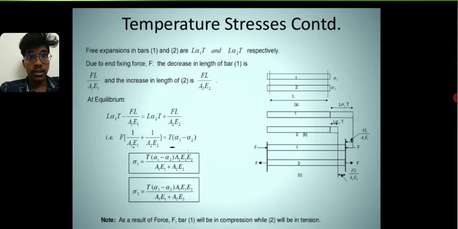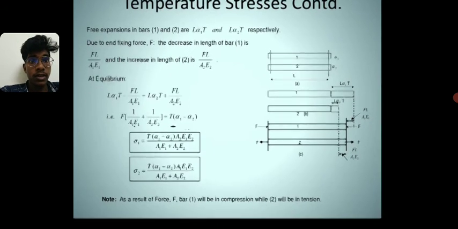Due to the end fixing forces, the decrease in the length of bar 1 is FL by A1 E1 and the increase in length of bar 2 is FL by A2 E2. At equilibrium, L into alpha 1 T minus FL by A1 E1 is equal to L into alpha 2 T plus FL by A2 E2, that is F into (1 by A1 E1 plus 1 by A2 E2) is equal to T into (alpha 1 minus alpha 2).